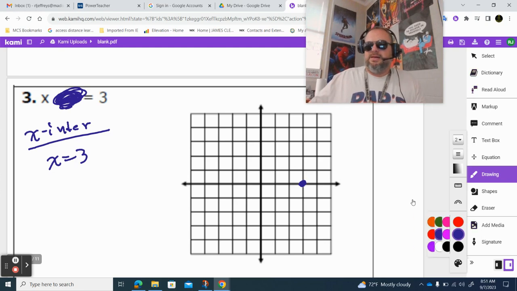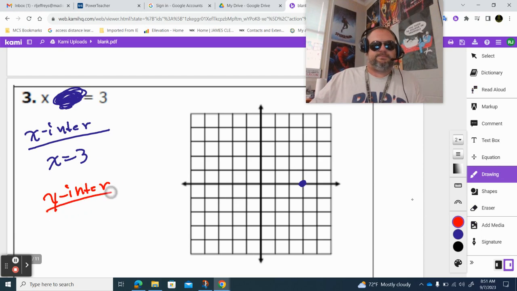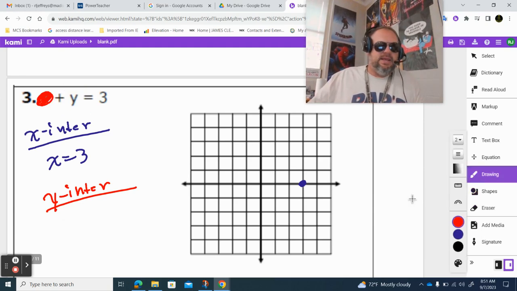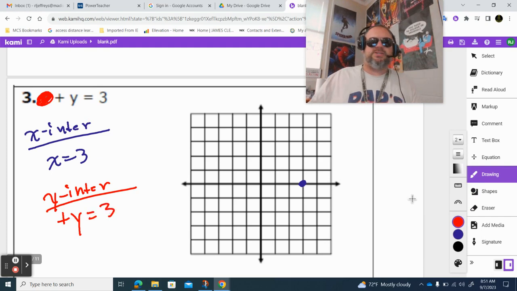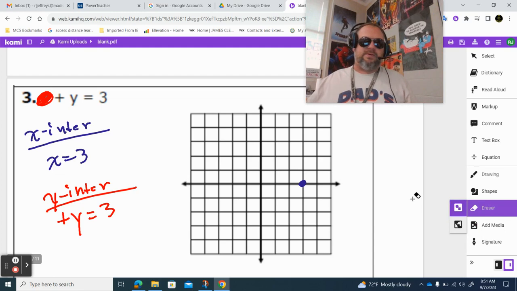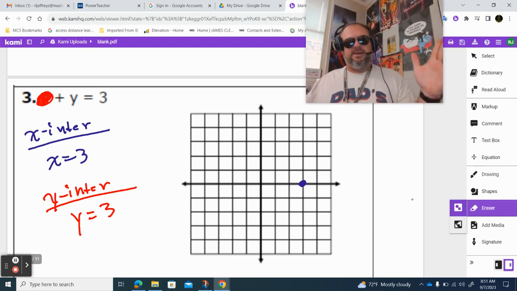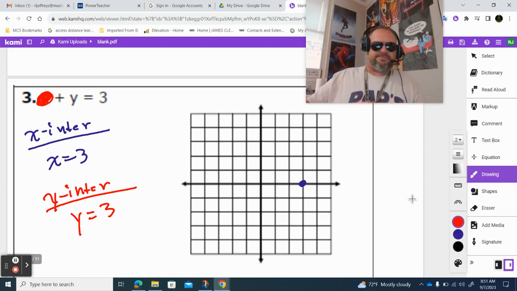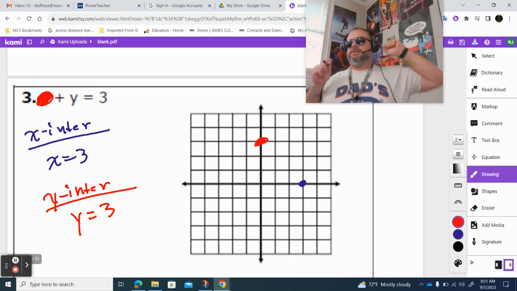Now, for my y-intercept, remember we cover up the x, and I had to uncover the y. So we get plus y equals 3. So we have to subtract y, correct? No, it's understood that we don't have to worry about this plus right here. We need to worry about it when it's a minus. All right, so we go to three. One, two, three. When we have two dots, what do we do?